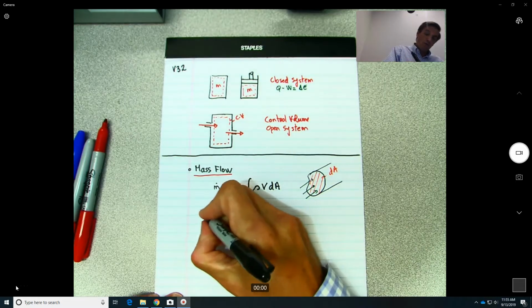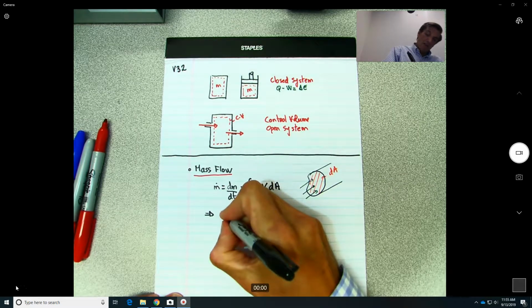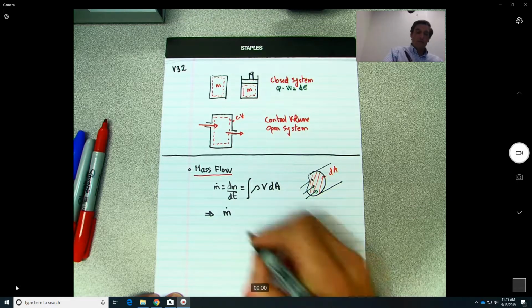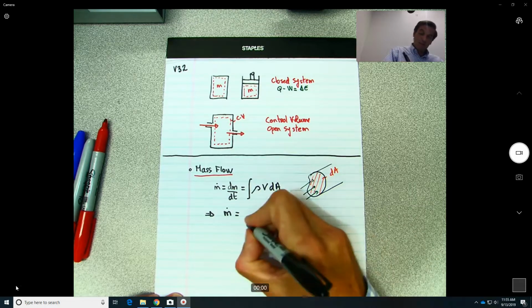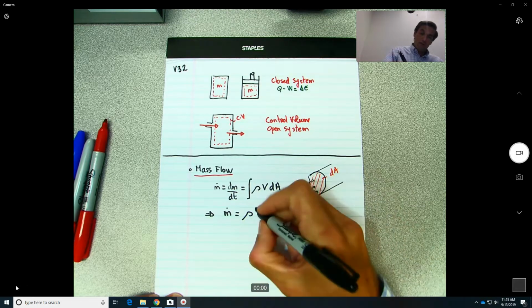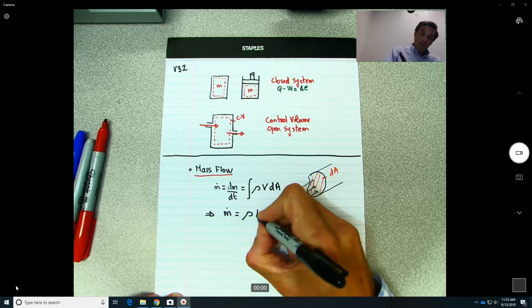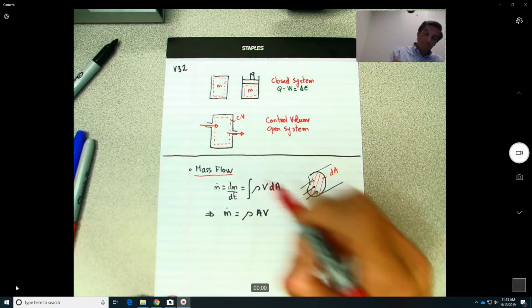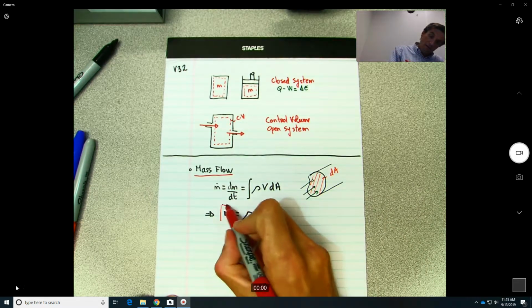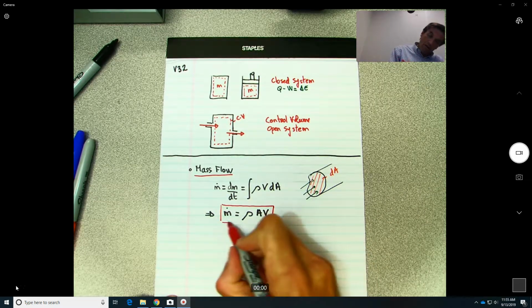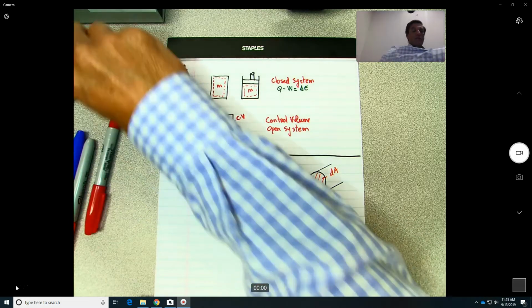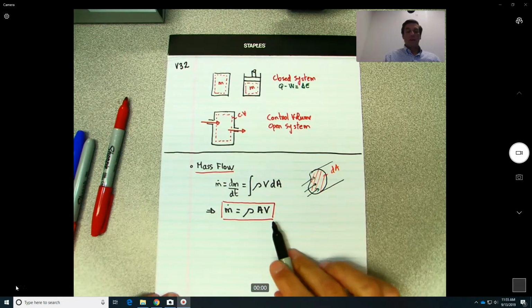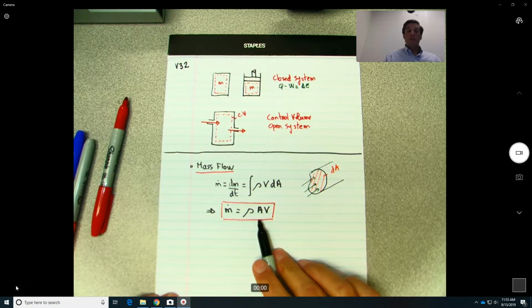But in almost all cases, the area is known, so you can rewrite this as rho A V. This is the way the mass flow is generally used in fluids.